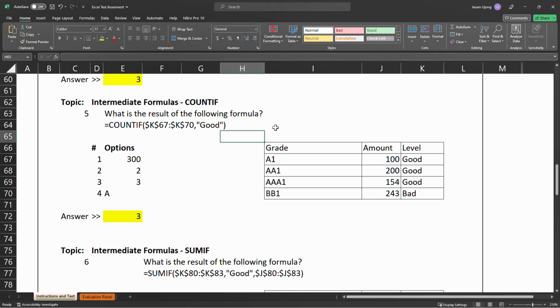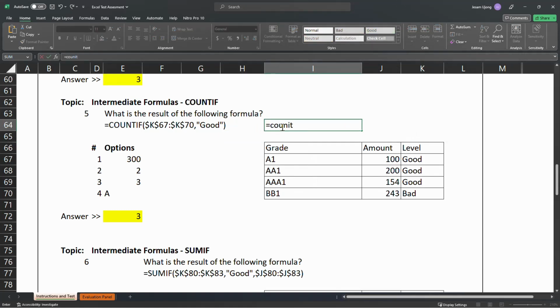For this COUNTIF, just a quick recap. Equal to COUNTIF. For COUNTIF we have the range and the criteria, so that's more straightforward. The range is where you have what you want to count.